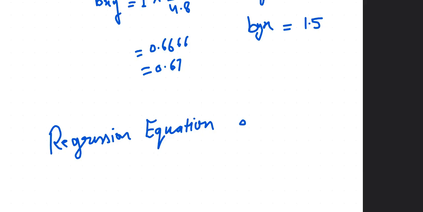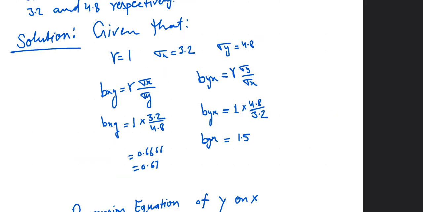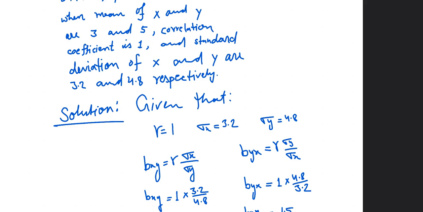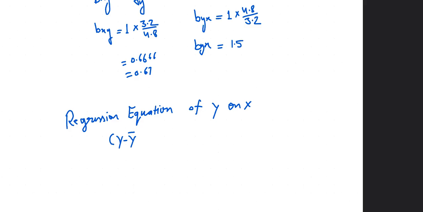Now the regression equation of y on x is y minus y bar is equal to byx into x minus x bar. They have given us the means of x and y, 3 and 5, so x bar is 3 and y bar is 5.